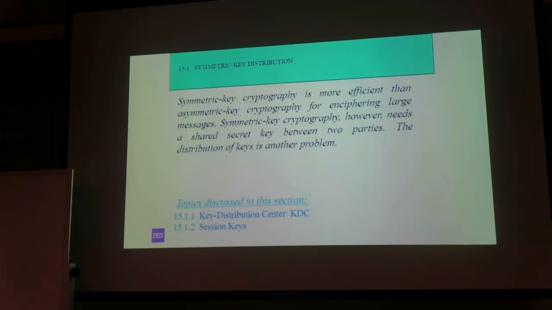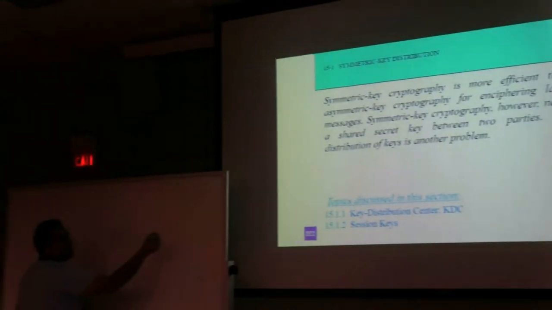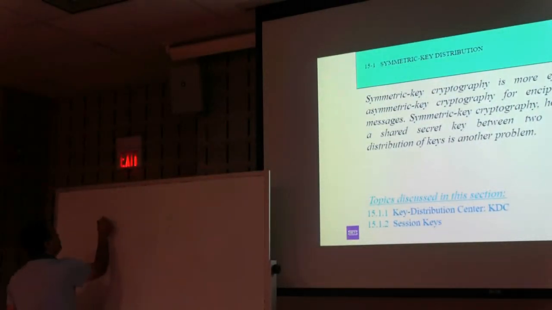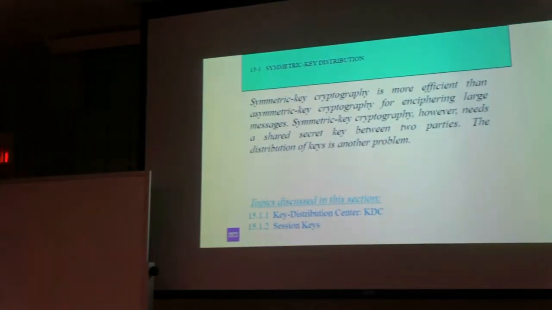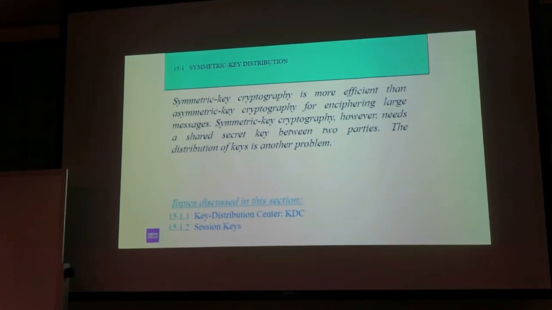If I have, for example, 3 entities sharing keys, how many keys are needed? 3 squared minus 3 over 2, which equals 9 minus 3, 6, over 2, equals 3.